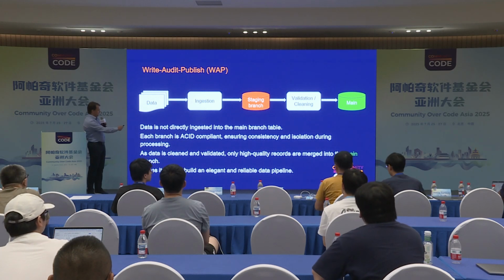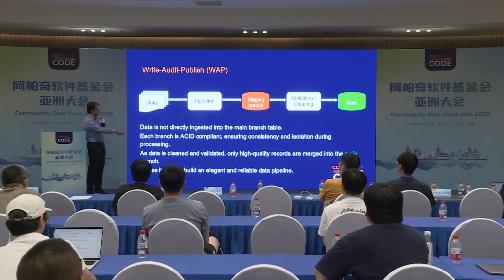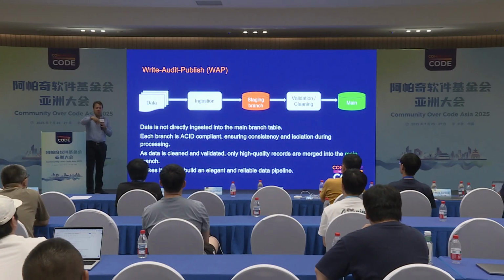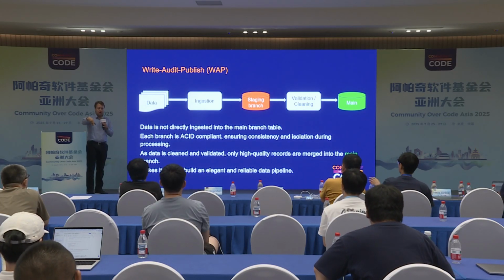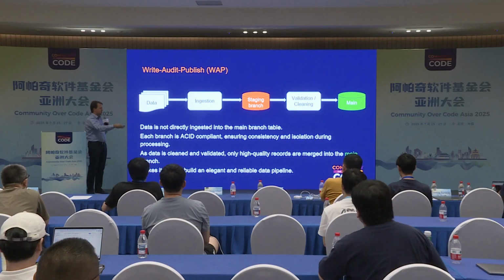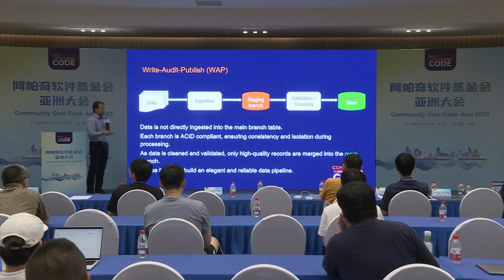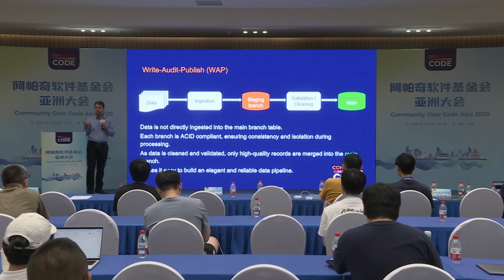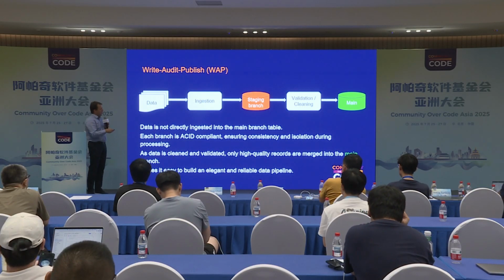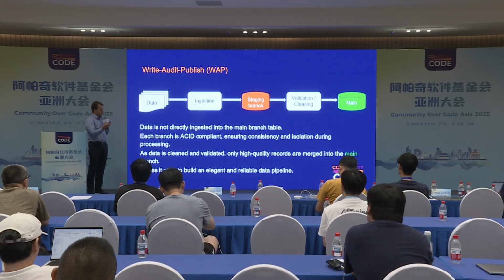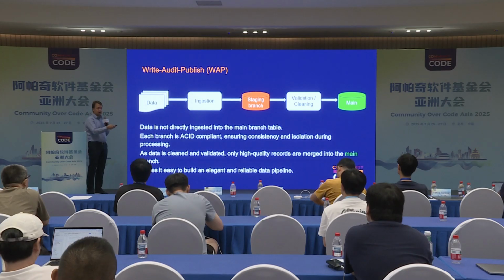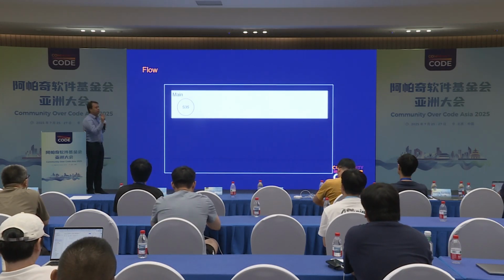Also, these branches that we are creating here are fully ACID compliant. You have the same feature set that you have on the main branch as well. But I know it is hard to imagine. Let's convert this into CQL, but before that, to a flow.